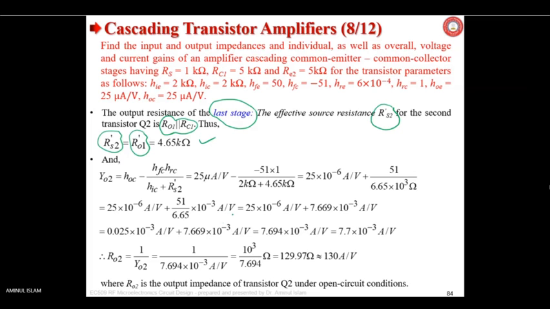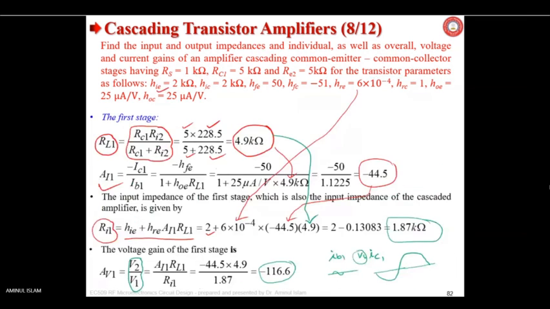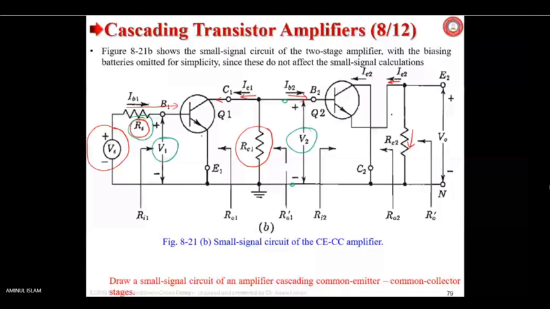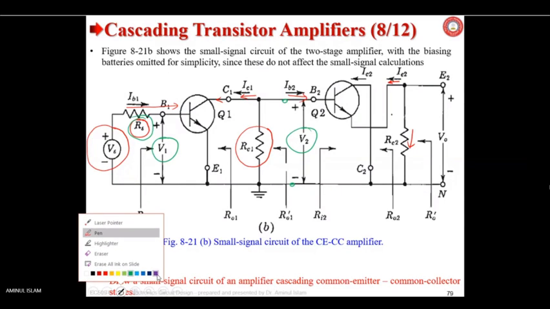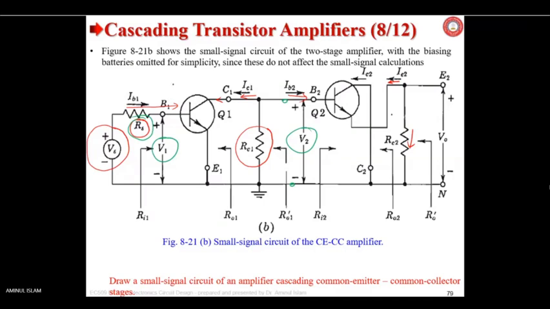I mean, what is the source resistance for Q2? I'll go back again. For example, let me take another color. This is an amplifier, a transistor, and based on that we are making an amplifier.